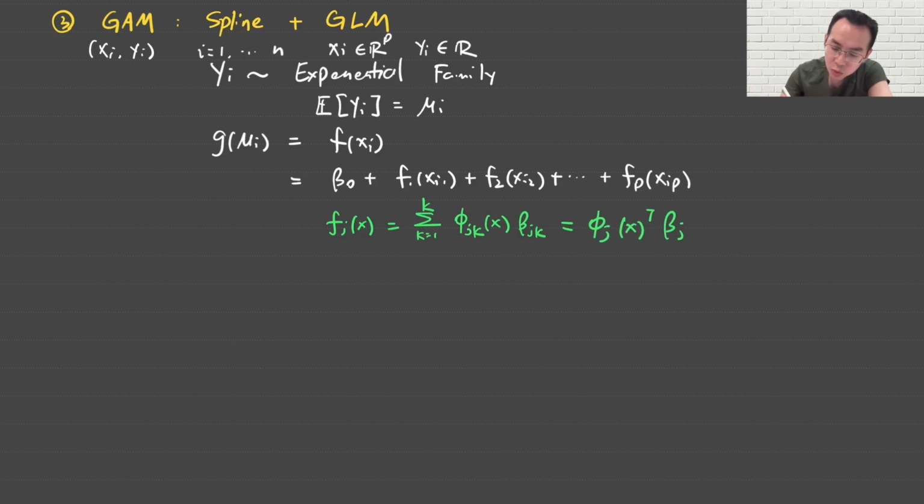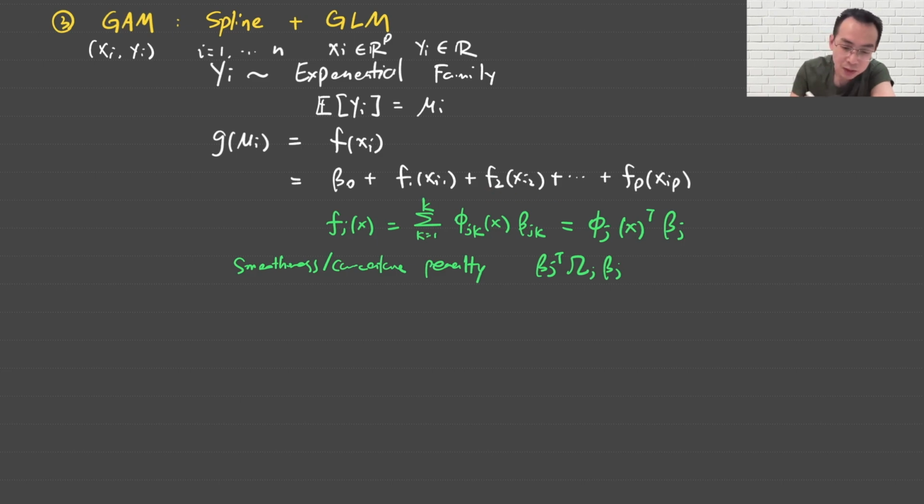So then we can also write out the smoothness penalty for each piece of the function, right? So the smoothness or curvature penalty is going to give us beta j transpose omega j beta j, right? So that is the penalty for each function fj.